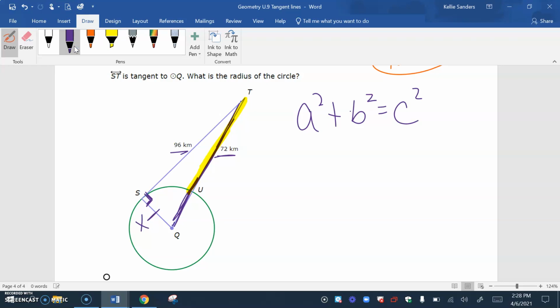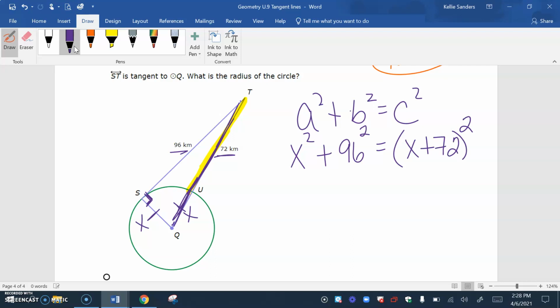This is your x, which is the radius. But this is your x also, which is still the radius. So your a is x, your b is 96, and your c is x plus 72.